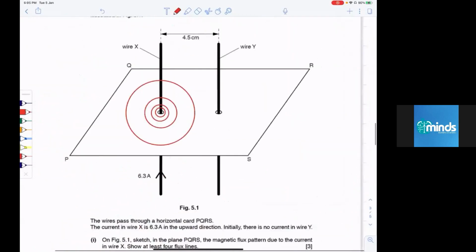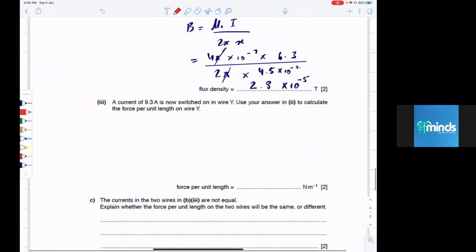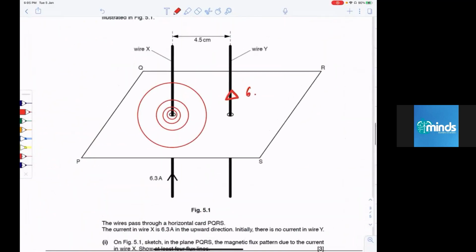So this is wire Y. Now we have a current of 9.3 ampere in this one.